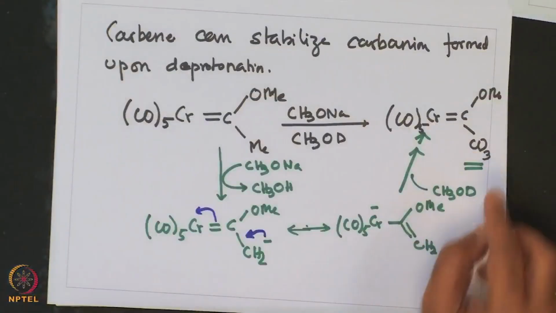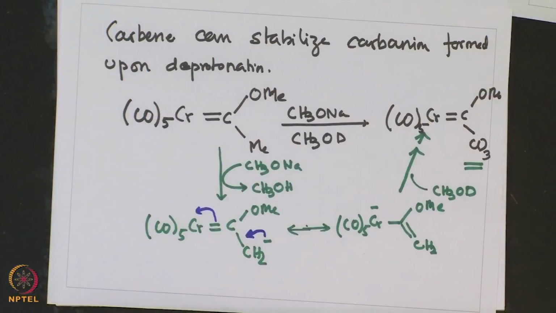We have also looked at differential reactivity arising from the nature of charge accumulated on the carbenic carbon for Fischer and Schrock carbene complexes, and for the Fischer one we looked at nucleophilic addition at the carbenic center with various nucleophiles. We also saw that Fischer carbene can stabilize carbanions formed upon deprotonation, and this was proved using an isotopic experiment where one sees proton-deuterium exchange in the example given here.